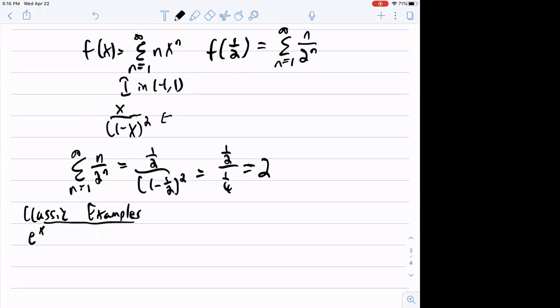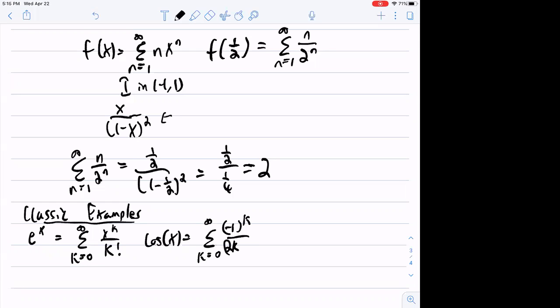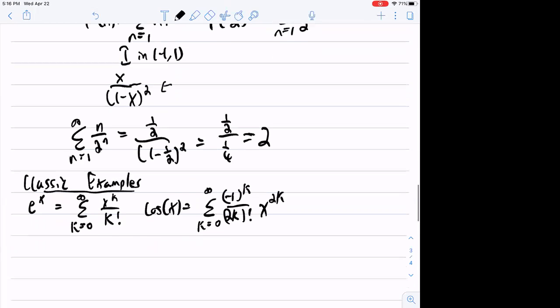e to the x is given by the sum of x to the k over k factorial. And you have cosine of x is given by this, and then sine of x is given by this. Cosine is sort of like the even terms, sine is sort of like the odd terms.